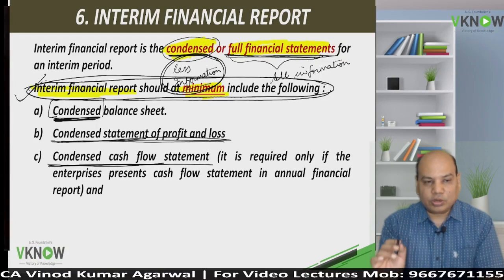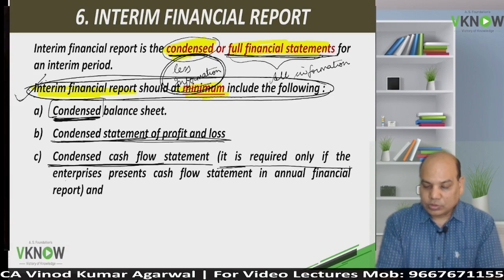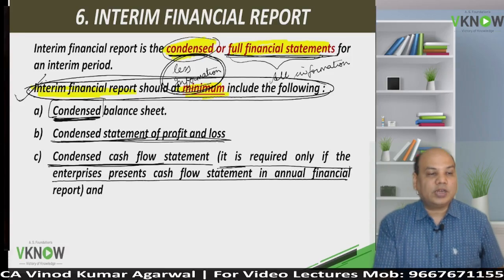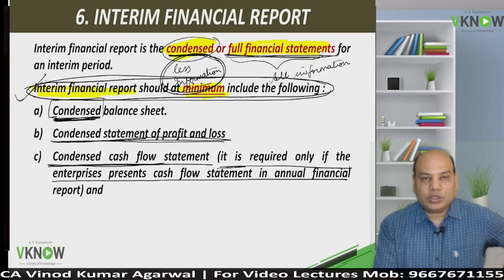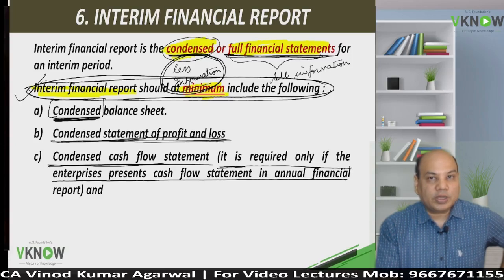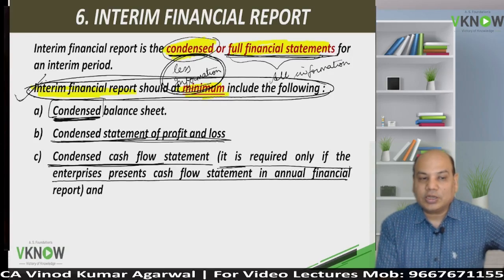Again, you are going to prepare a cash flow statement if it is required. If the entity is required to prepare a cash flow statement in its annual financial report, then it will be required to prepare a cash flow statement in the interim financial report also.